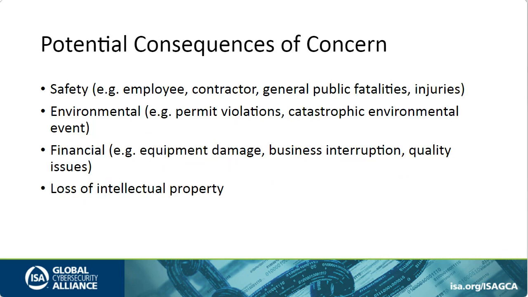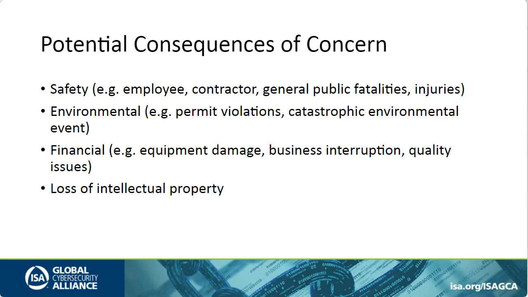So as we've indicated before, when control systems are involved, the real risks that we're looking for are safety risks, and that can be injuries or fatalities either to workers or the general public. Environmental might be permit violations, or you could extend up to catastrophic environmental events. Financial risk can come from equipment damage, business interruption, quality issues.